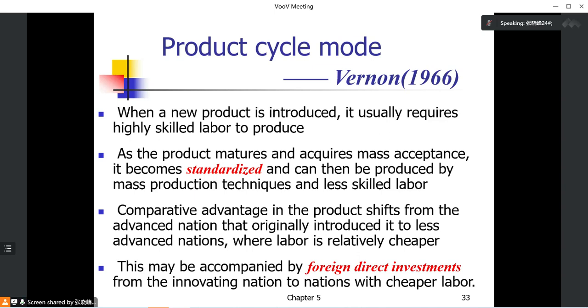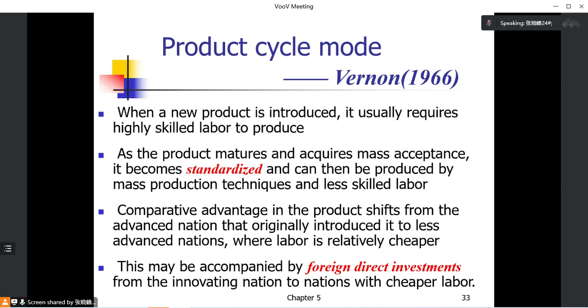With time going on, the comparative advantage in terms of technology will diminish. So the production will shift from the initial manufacturer to other manufacturers in the same line, where the labor cost is relatively lower.